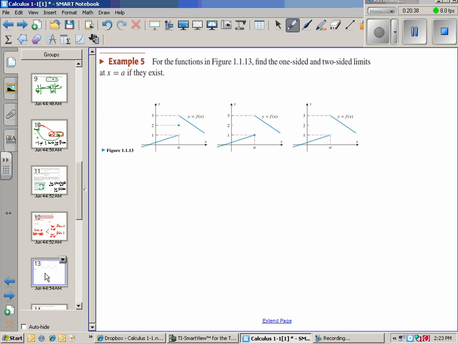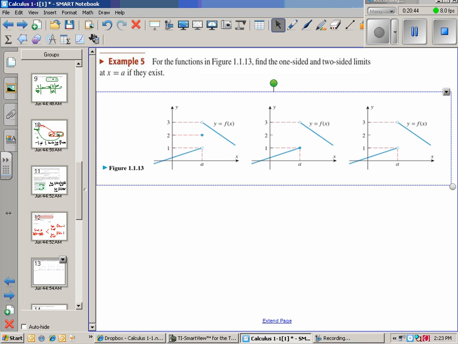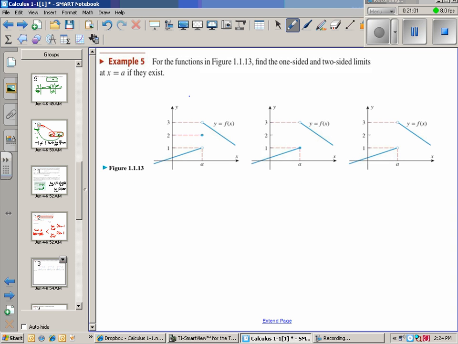Okay, for the functions in this figure, find the one-sided and two-sided limits at x equals a if they exist. Go ahead and take a minute and try those on your own. Okay, I'm going to go ahead and go through figure 1 first.